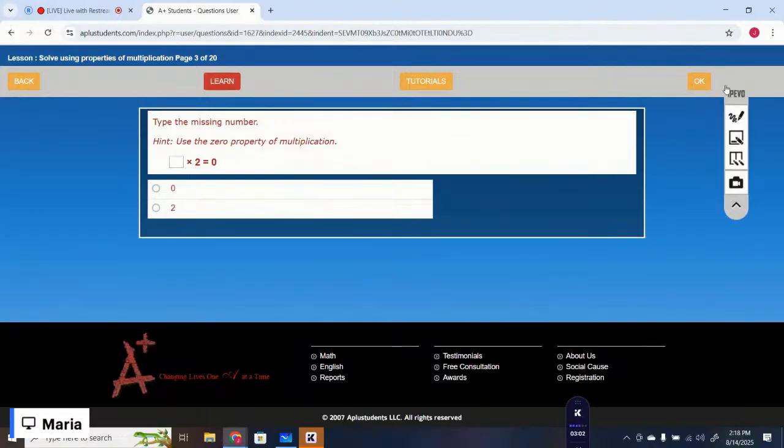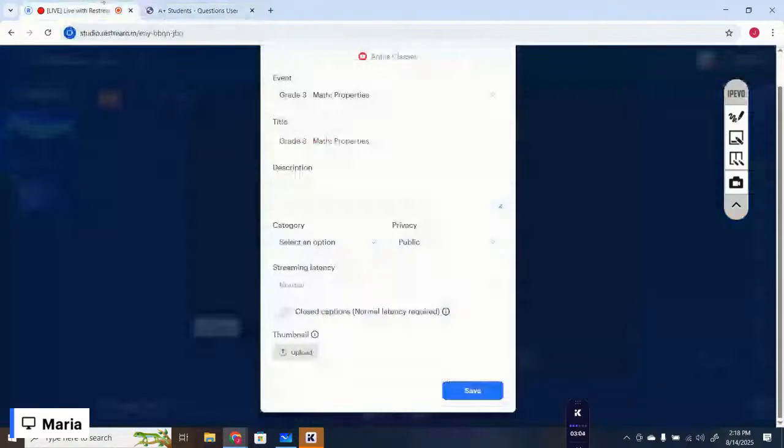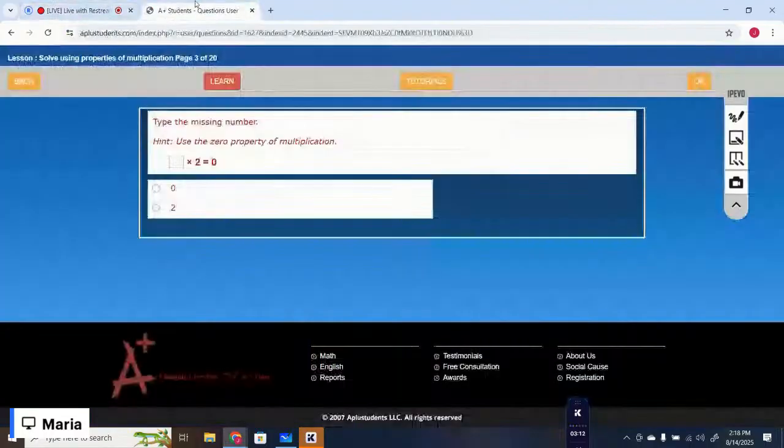Type the missing number. The missing number times 2 equals 0. Option number 1 is the correct option.